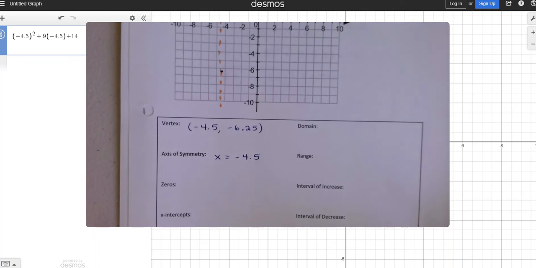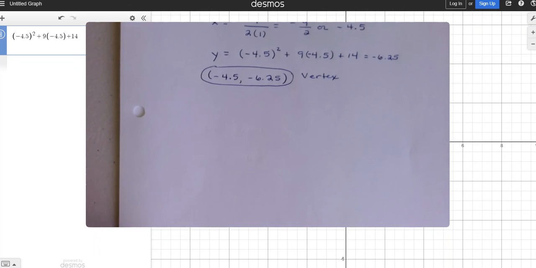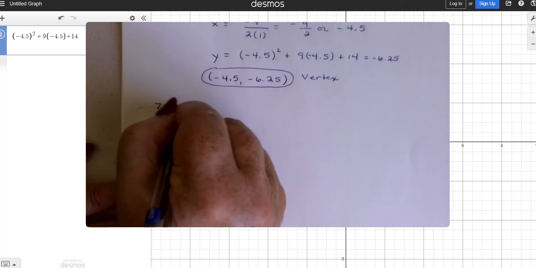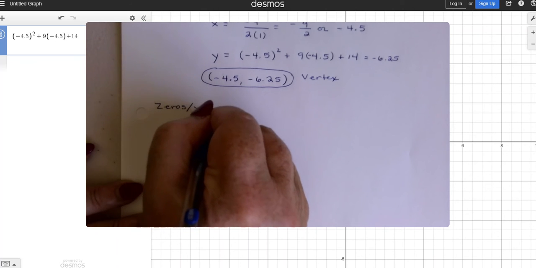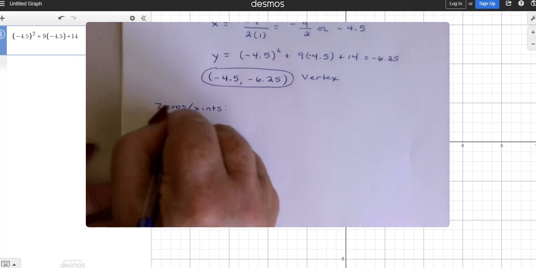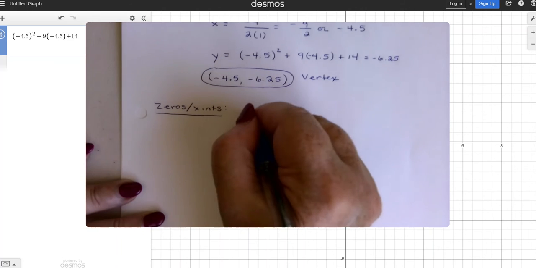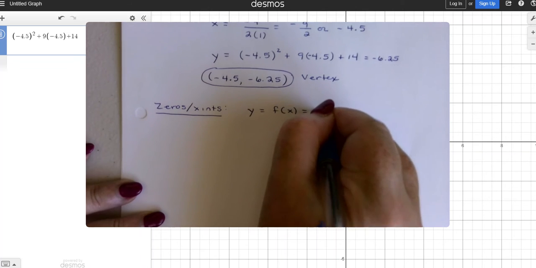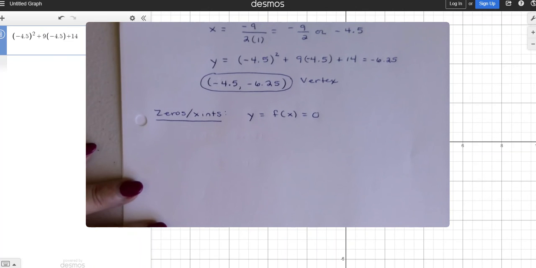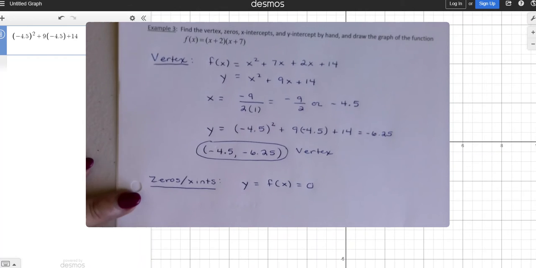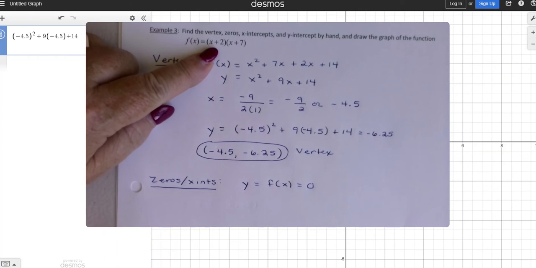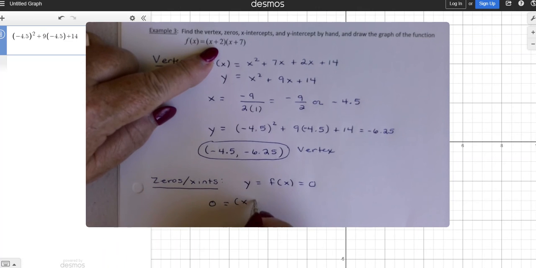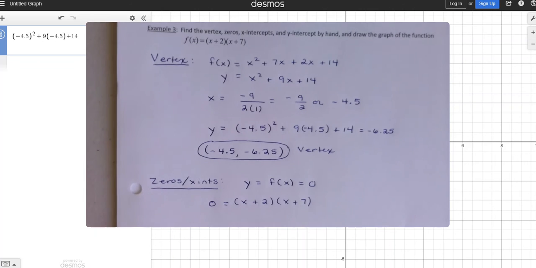All right, let's go for the zeros and x-intercepts next. And here we're setting y, or f of x, equal to 0. And here we actually kind of have an advantage in the fact that it was already in factored form, because when I set that equal to 0, I don't have to do very much work to solve that equation.